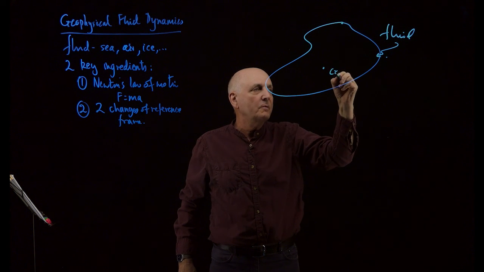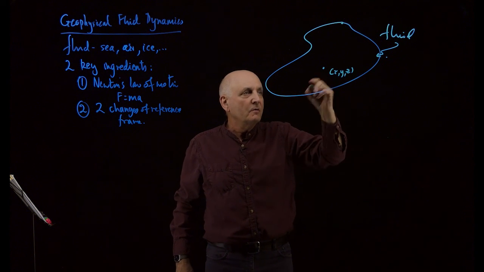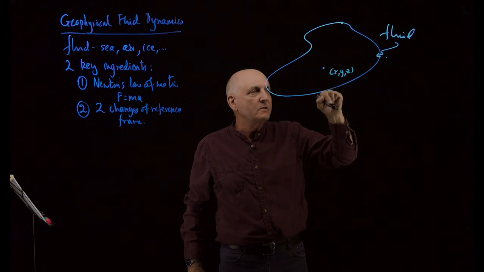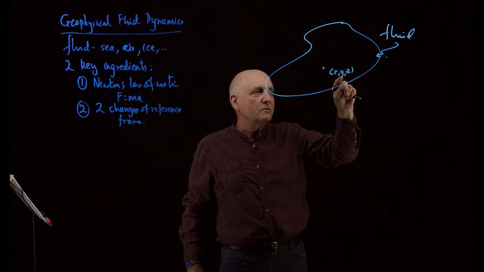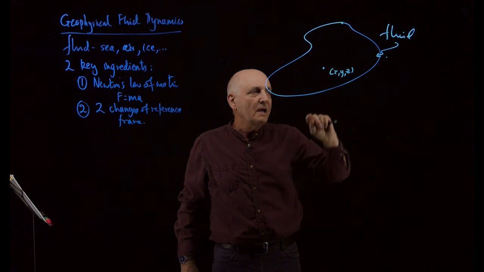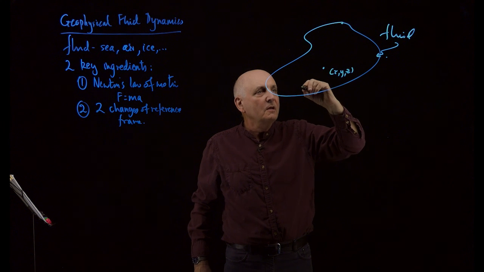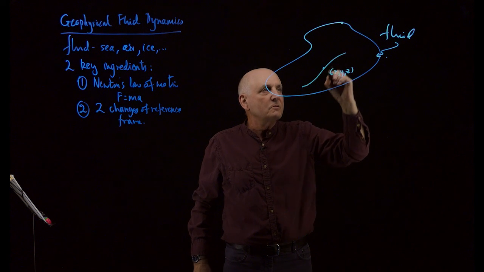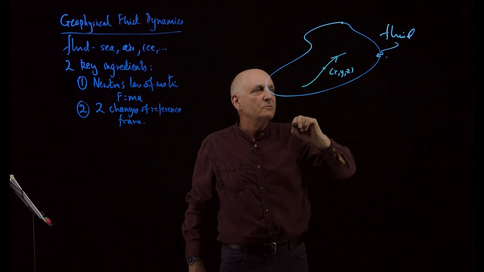And so a fluid particle is a point represented by x, y, and z. X is usually thought of as the east-west coordinate, y is usually thought of as the north-south coordinate, and z is the direction coming out of the Earth. But for the moment, just think of it abstractly as a particle moving in three-dimensional space.